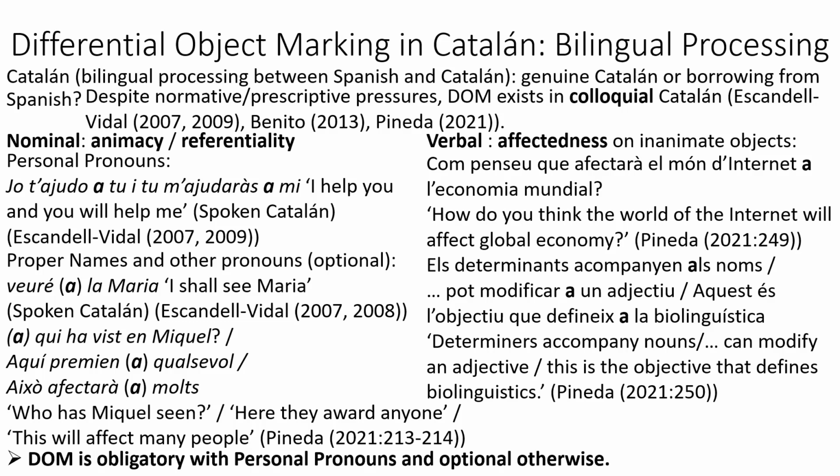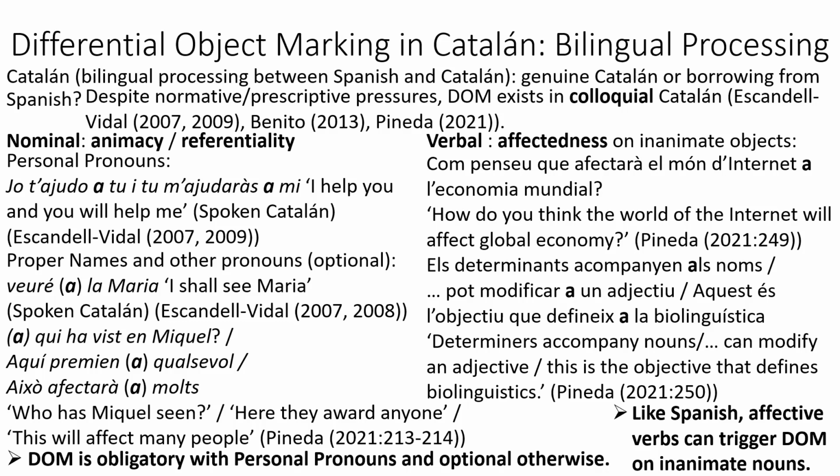Okay, so afectará the economy, an inanimate noun. This occurs in a newspaper, so this is formal scientific prose rather than poetic personification. Also in grammatical prose, acompañar el noms, modificar a an adjective, etc. So just like Spanish, in Catalan, affective verbs can also trigger DOM, the fact that we have a marking on inanimate nouns.